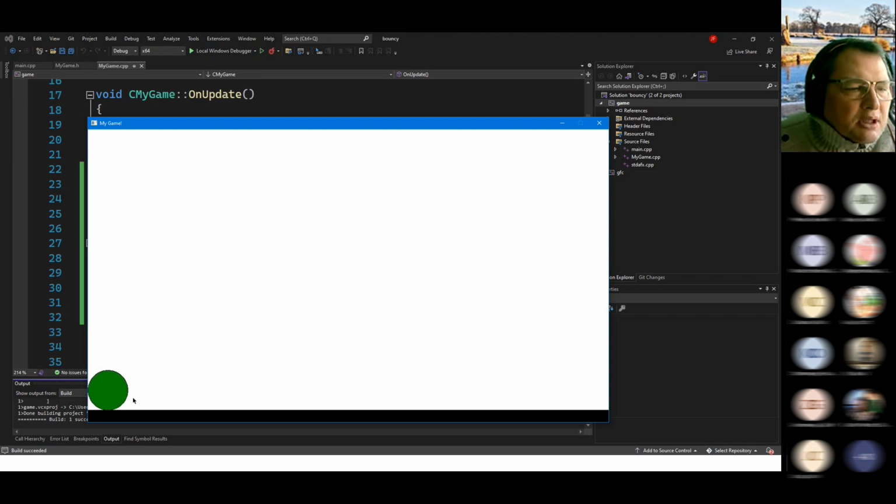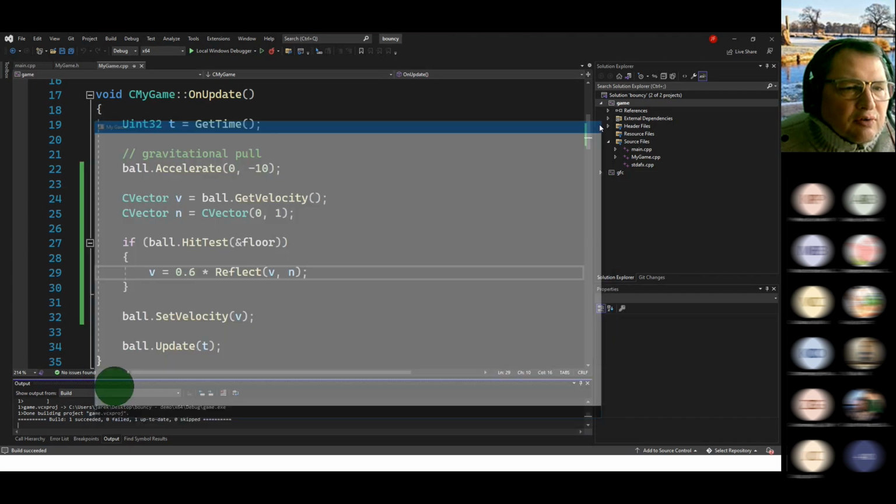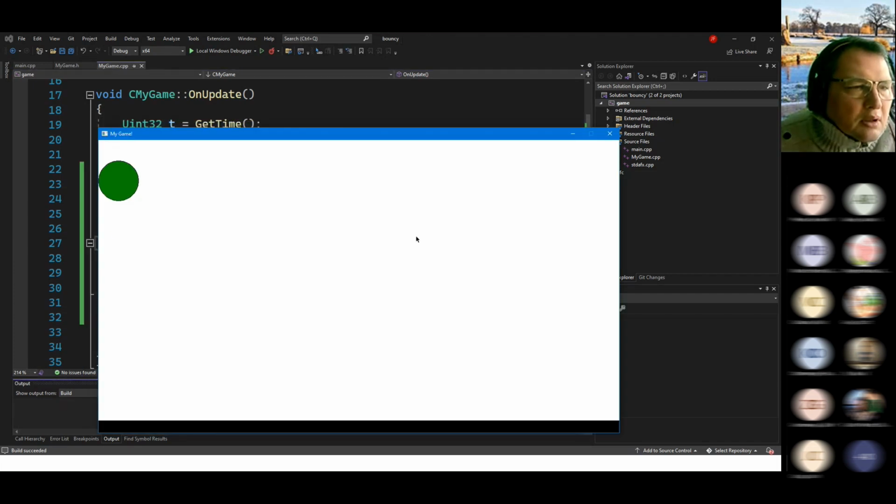After 2 bounces, it looks stuck to the floor. Try again. Should normally bounce several times, but now it's stuck.